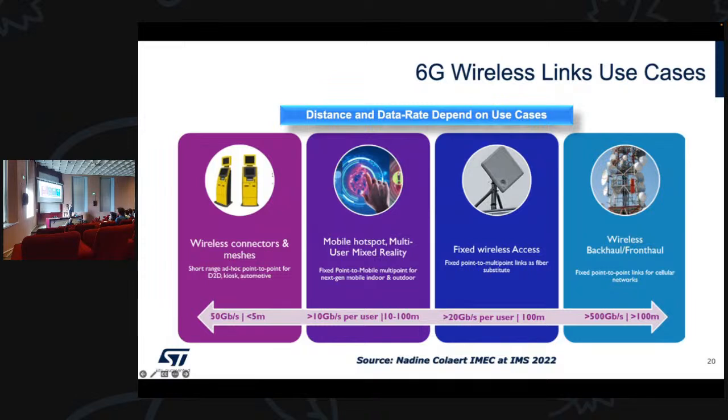The first one is more of an indoor connection: device to device, kiosk, automotive, so in-cabin automotive. It is short range, point-to-point. Distances are low, less than 5 meters. Typically, a few centimeters to 1 meter is the main part of the market. The data rate is somewhere between 10 gigabit per second and 50 gigabit per second.